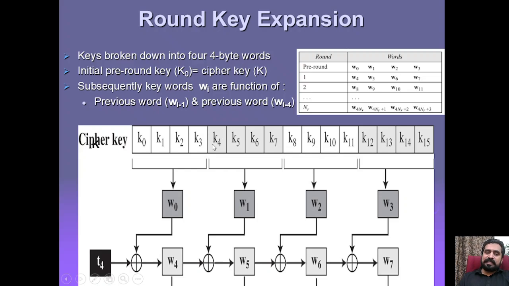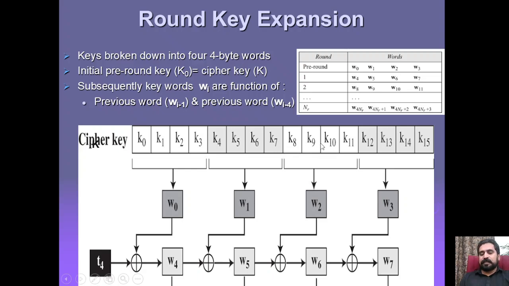Whereas you will see the next 4 bytes of the cipher key. As we know, we have 16 coordinates in a 4 by 4 matrix. The first 4 coordinates contain 4 different bytes, which become one word. The next four bytes become the second word.